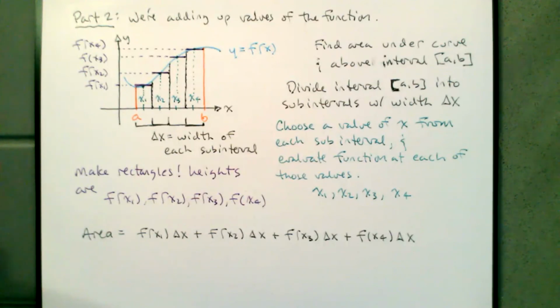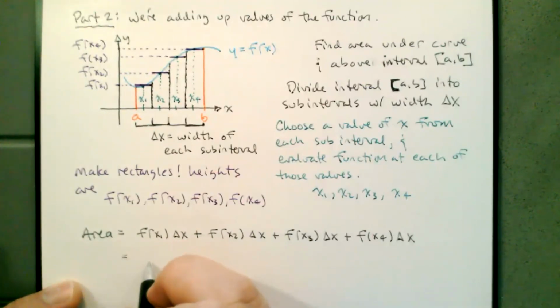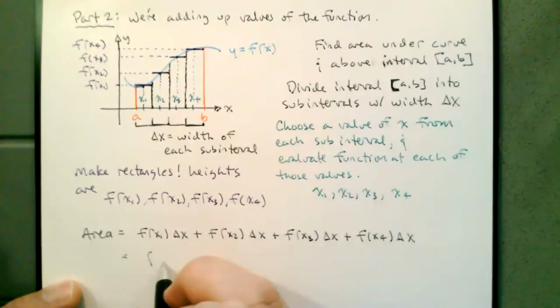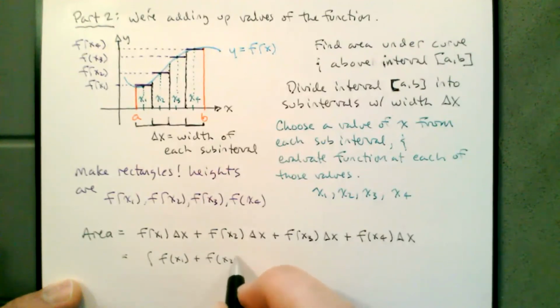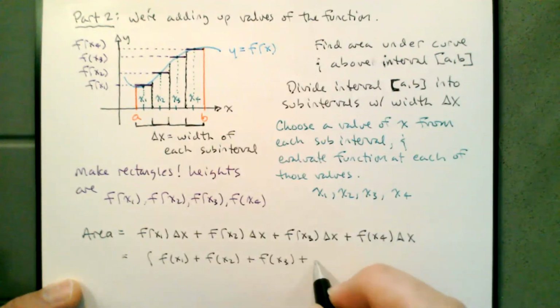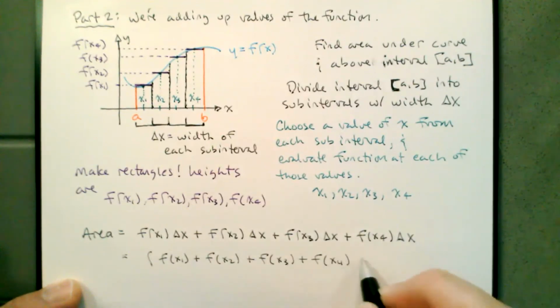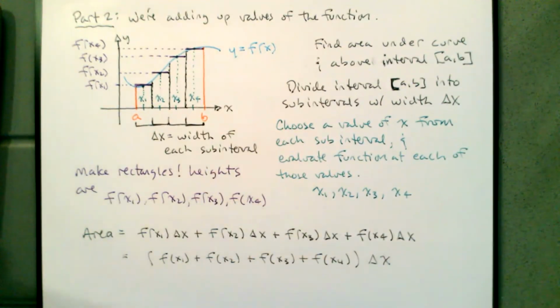Notice that each of these rectangles, each of these areas has a common factor of delta x. So in that sense, that's why I'm saying we could think of adding up the values of the function, since we used the same width for all the subintervals.